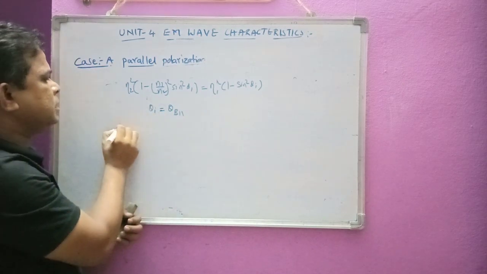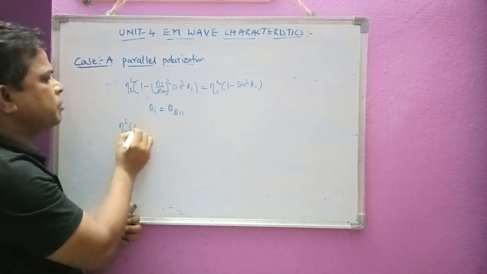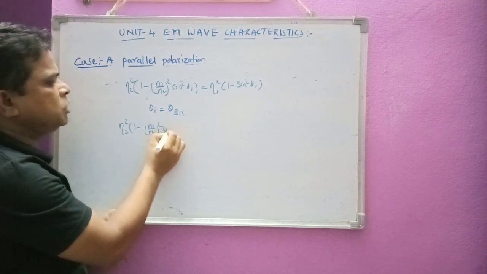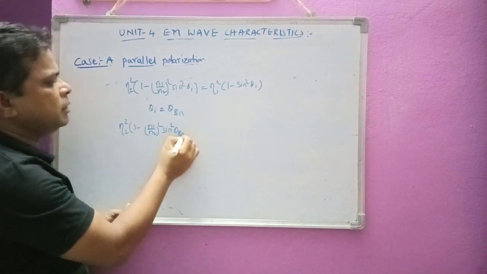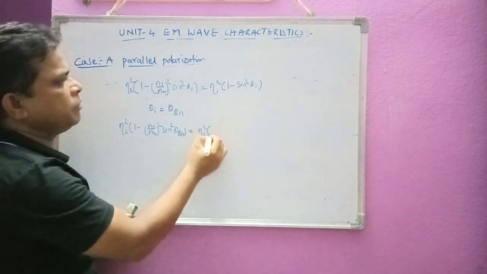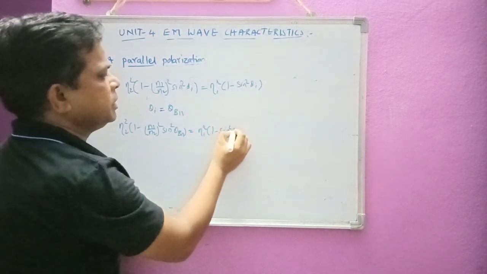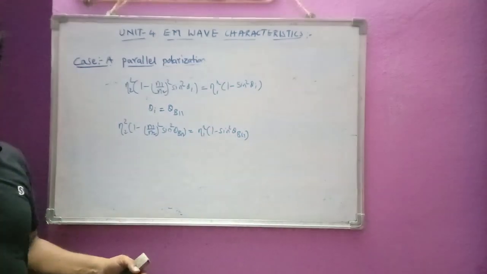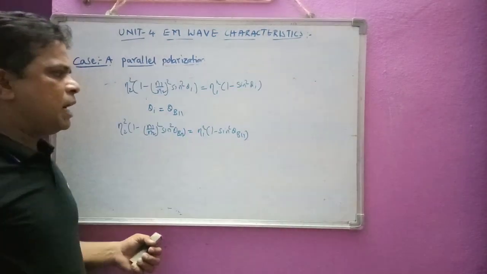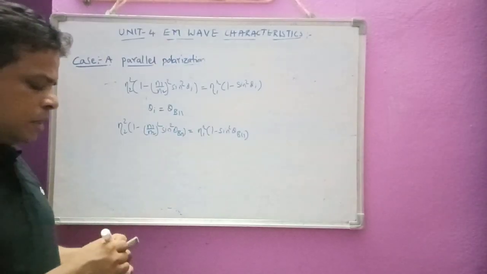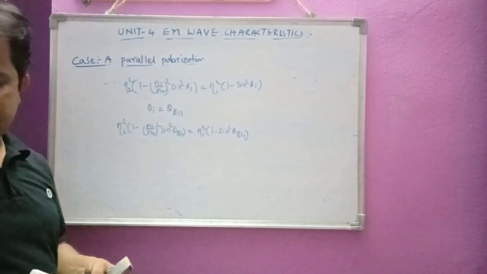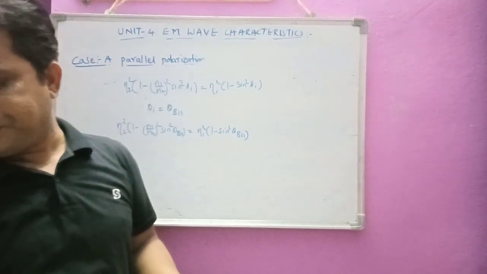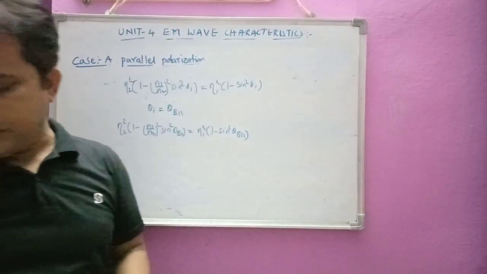So now I can write here eta 2 square into 1 minus (n1 by n2) whole square sin square theta b parallel equals eta 1 square into 1 minus sin square theta b parallel. Now I have to make modifications to these equations and get the equation for theta b parallel. So after calculating all this, we'll try to calculate this one.